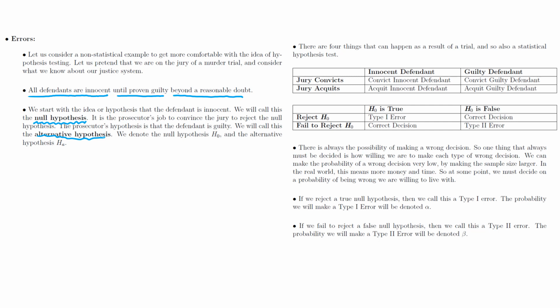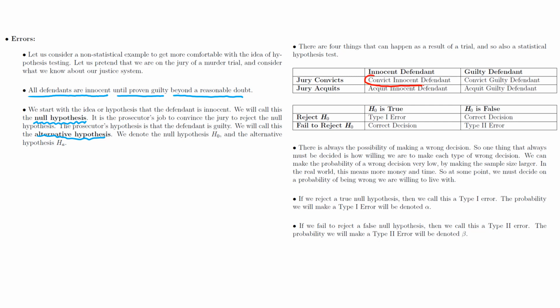All right, so let's think about the four things that can happen as a result of a trial. So first of all, we could convict an innocent defendant, which would of course be very bad. We do not want to convict innocent people, and so that would definitely be a type of error.